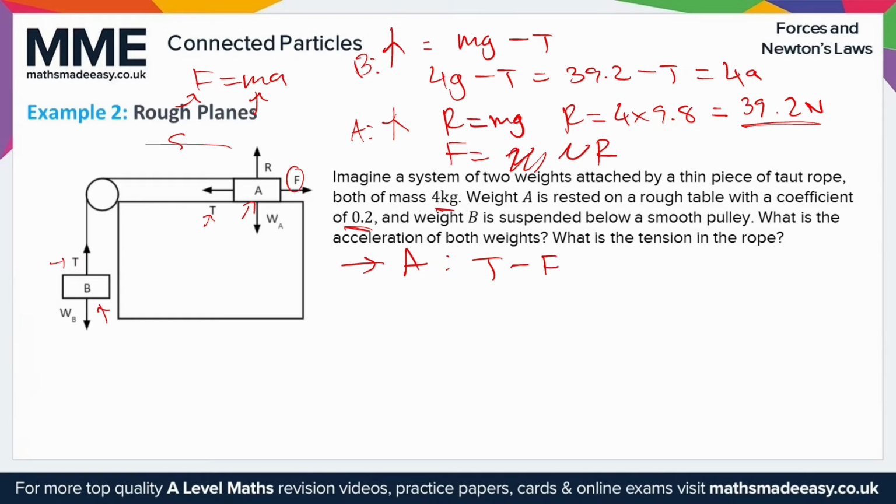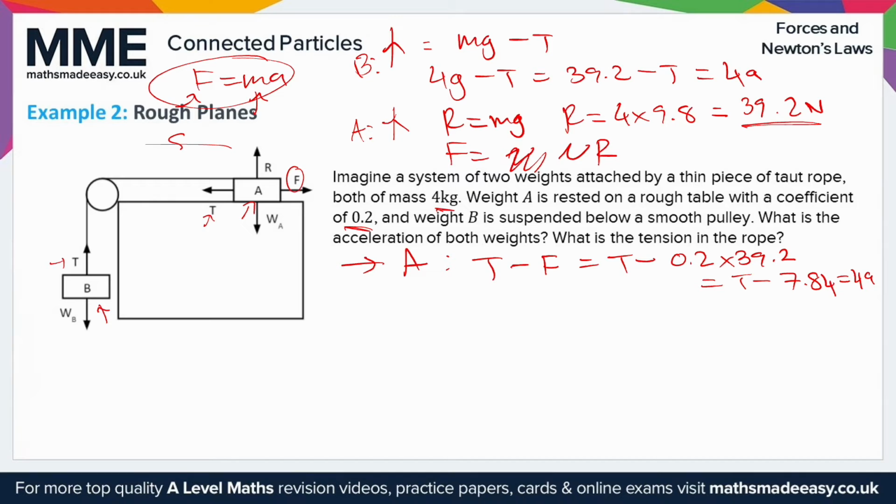So it's going to be T minus F, which we know is T minus 0.2 times 39.2, okay? So then that is T minus 7.84. And again, using F equals ma, similar to what we did for the vertical direction of B, we can say that that's equal to 4a as well.